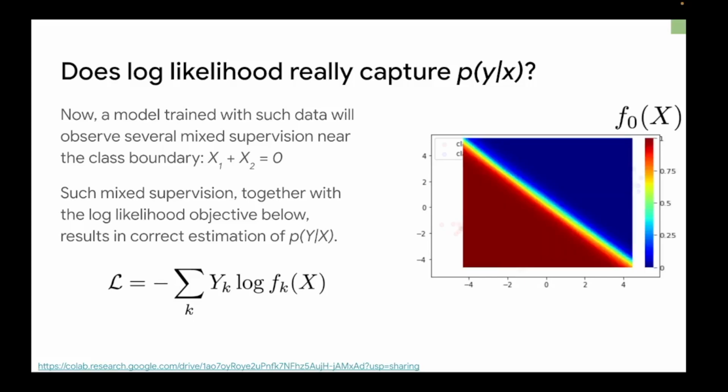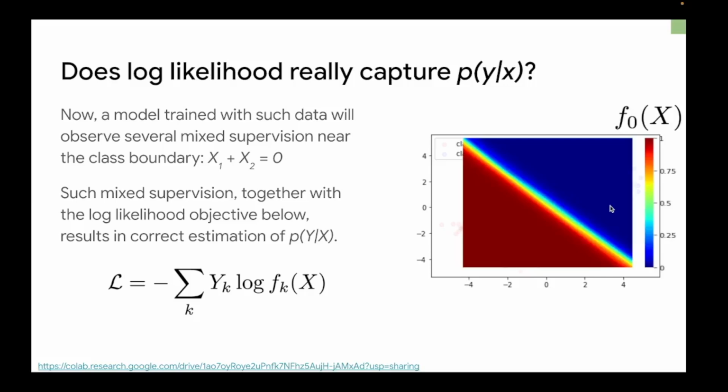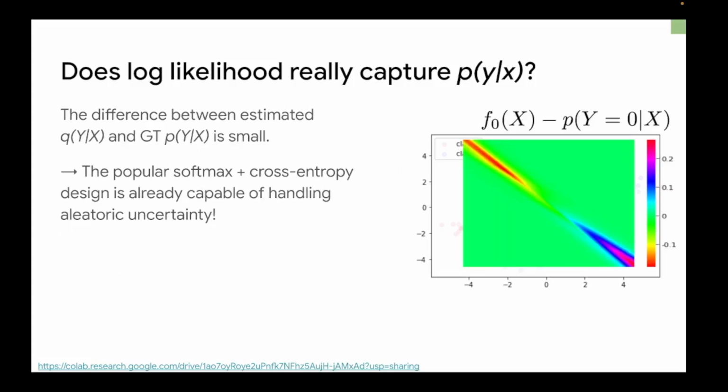And this is the prediction of the model. It's remarkably similar to the ground truth. So it verifies that if you train with log likelihood, then you're actually recovering the true dispersion of the ground truth labels for every sample.